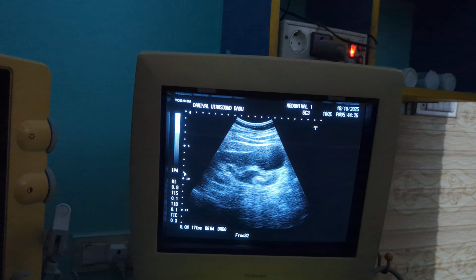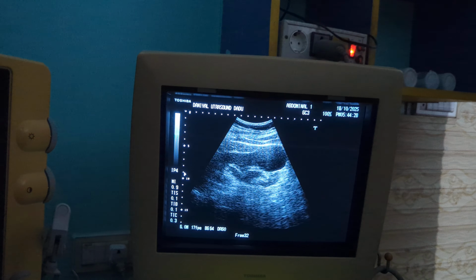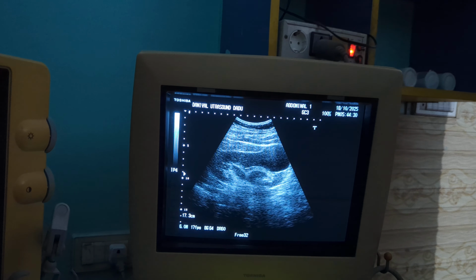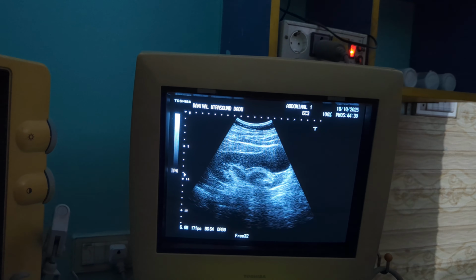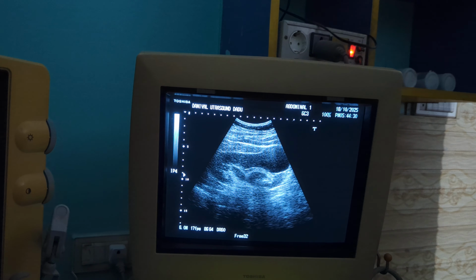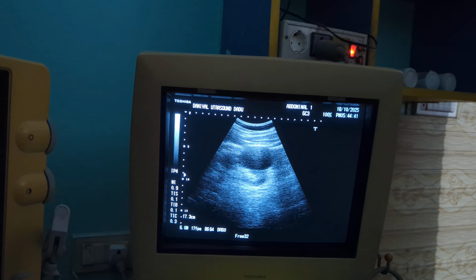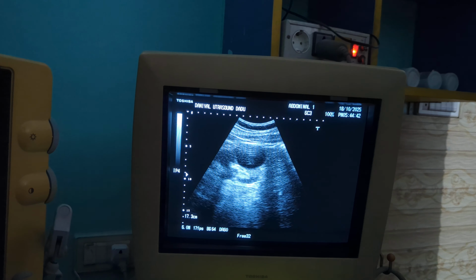See here, the renal parenchyma has been thinned because of the dilated calyces, and cysts appear like a circumscribed structure.